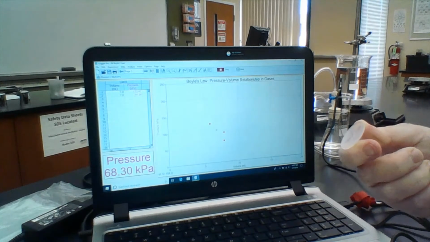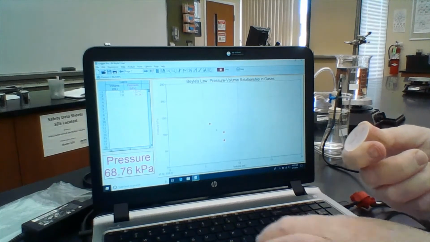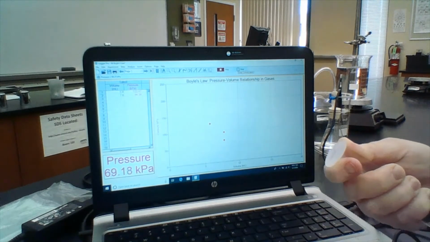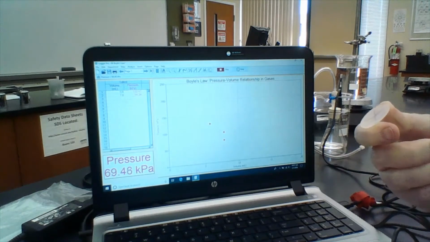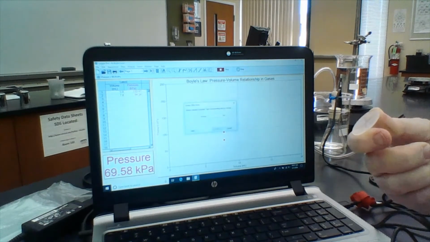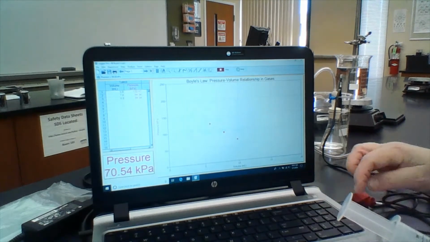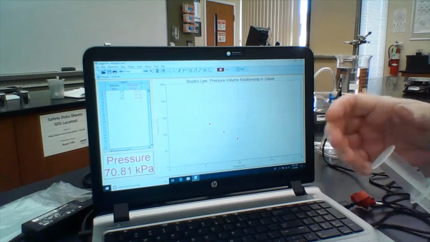As soon as it stabilizes, I'll press keep again. Okay, and that's 9.8 milliliters.